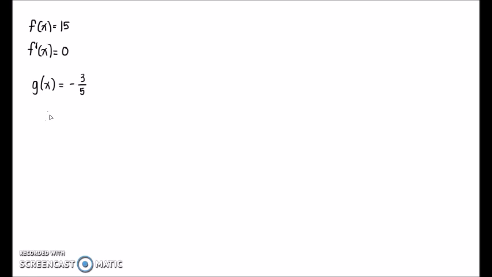So, ibig sabihin, pwede pa rin natin gamitin ang constant rule. So, that means the derivative of g of x is still the same. 0 pa rin, kagaya nung example natin kanina.